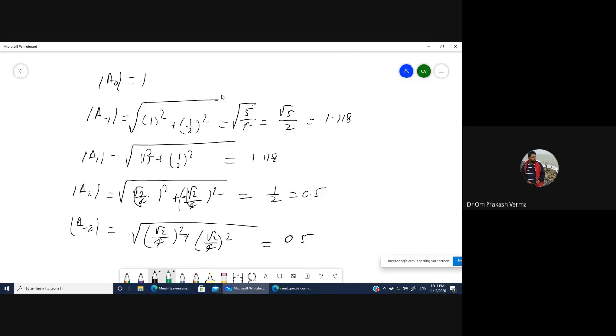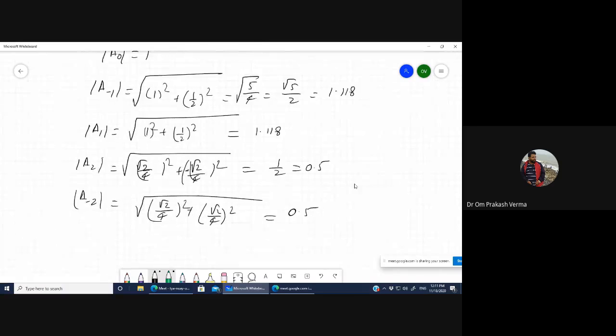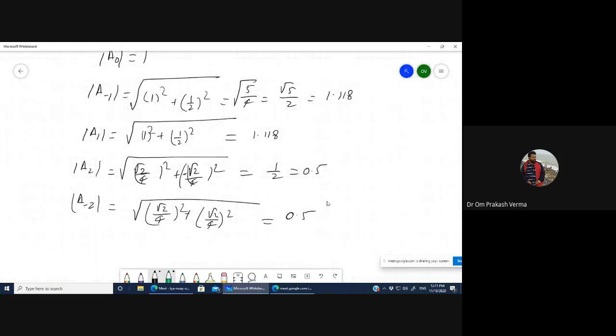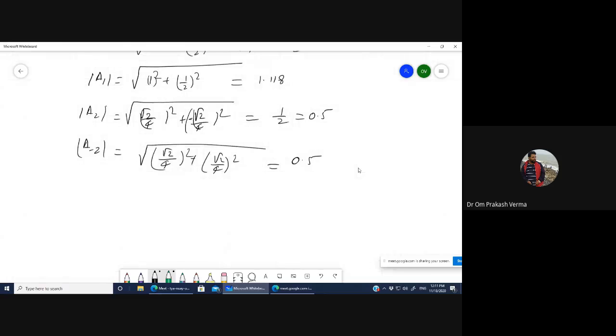The magnitude spectrum we will plot after determining the phase spectrum.